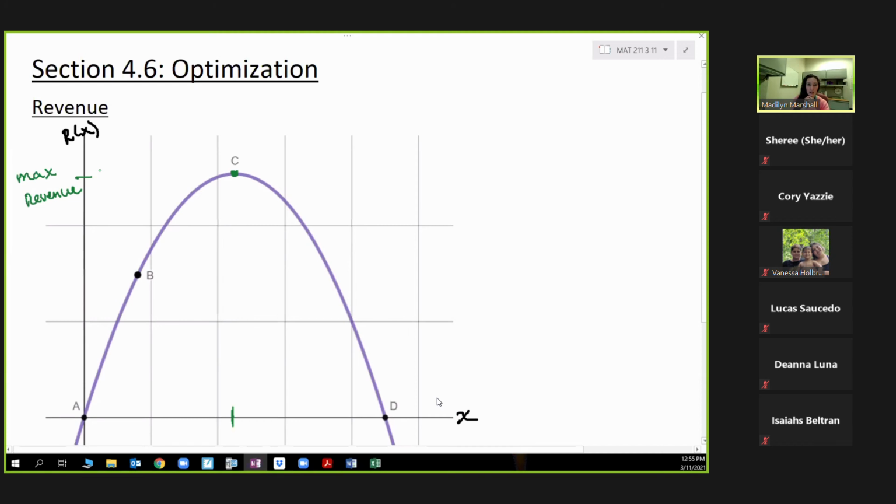And so anytime we're trying to optimize something, so that means like find the maximum revenue in this case, or find the most efficient way to send data to your Netflix streaming so that you get the best picture with the least bandwidth, or anything like that, that is all using these principles of optimization, which we've already learned, we just haven't called it this yet. So anytime we're trying to be efficient with anything, or find the maximum thing or the minimum thing or the most efficient thing, we are looking at optimization.